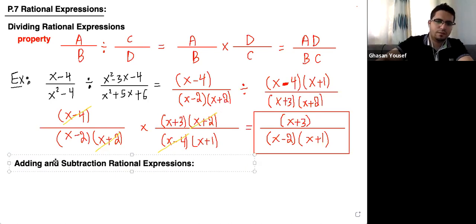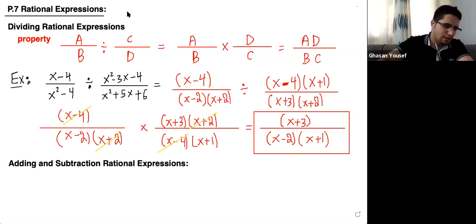So the main idea here for this part, we have to find the common denominator.